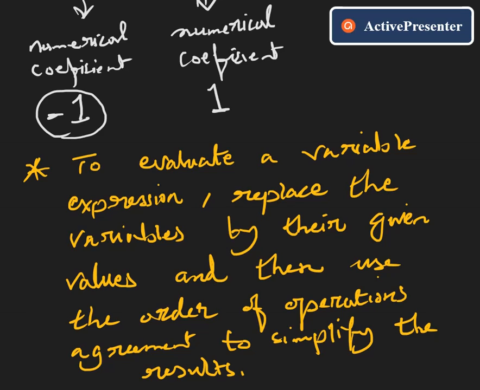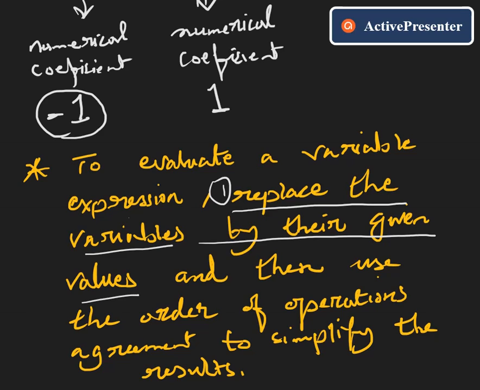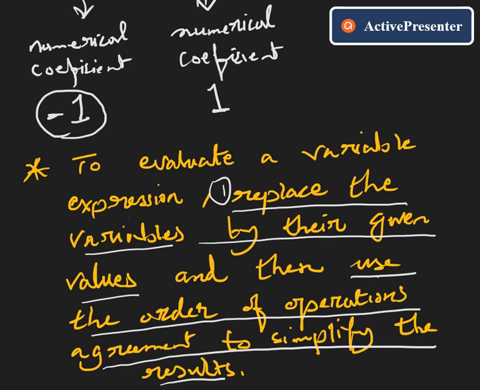Again, to evaluate a variable expression, this is step 1, replace the variables by their given values. And then step 2, use the order of operations agreement to simplify the result.